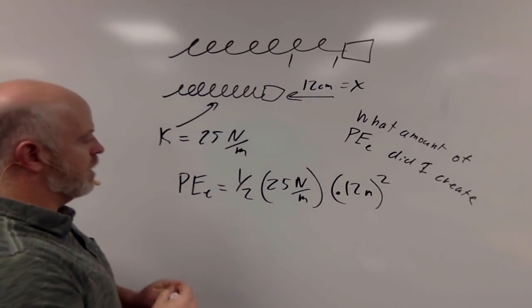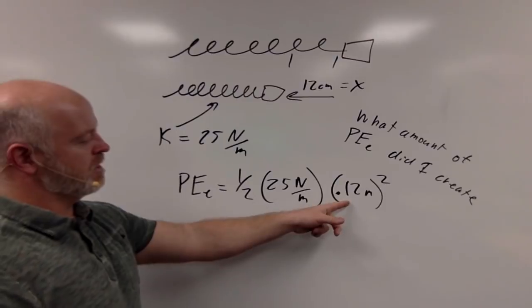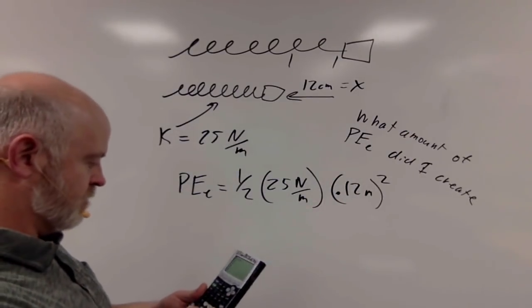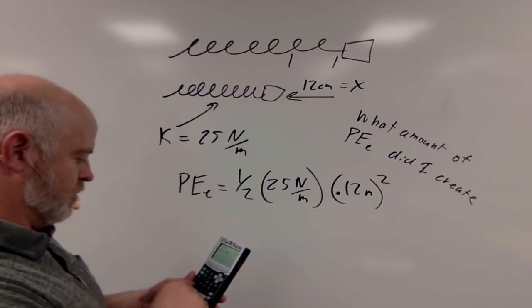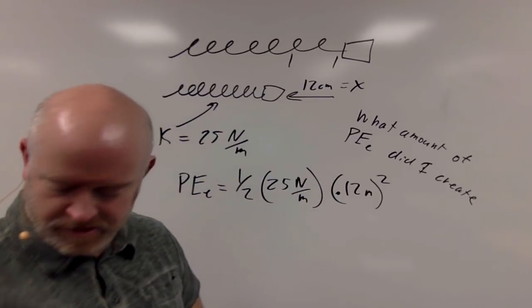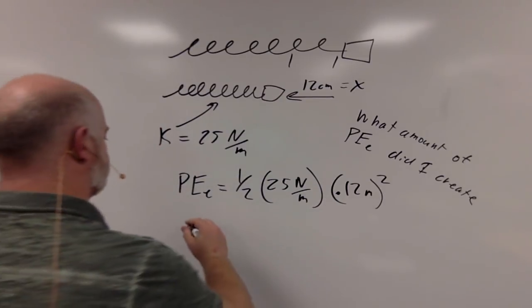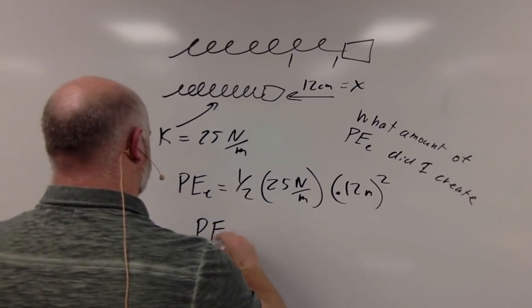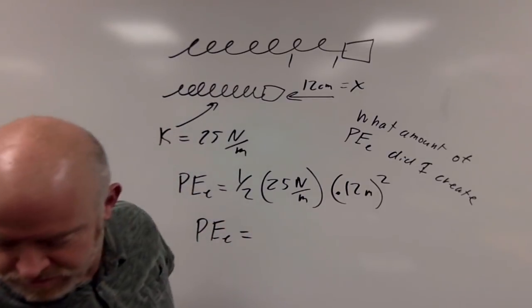Okay, so we take 1/2 times 25 times 0.12 meters squared, and what I get is 0.5 times 25 times 0.12 squared. And the energy I get in this is 0.18.